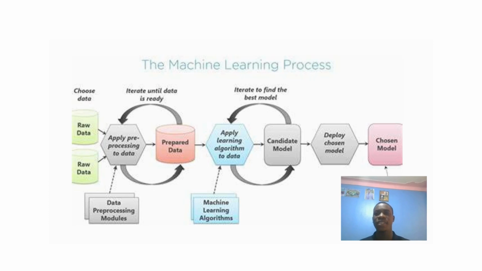You first choose the data, for example, you get the data from any data repository, for example, Kaggle. After getting the data, you clean the data. This is applying pre-processing modules to the data.